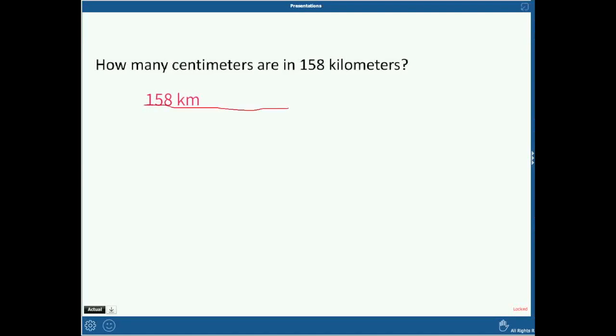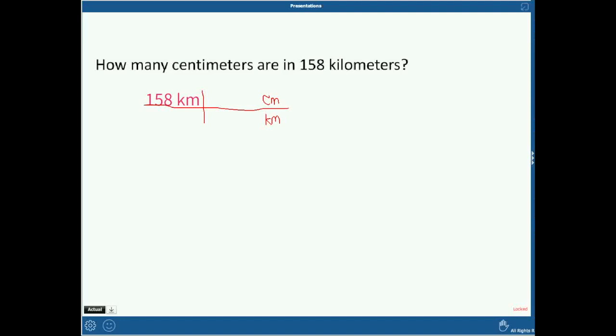Here we go. Okay, excellent. It doesn't want to use my pen, but it'll use my mouse, so that works. So I draw this little thing just because it keeps me organized. And then, since I have kilometers up here, I'm going to put kilometers down here. And then I'm going to put what I want up here.